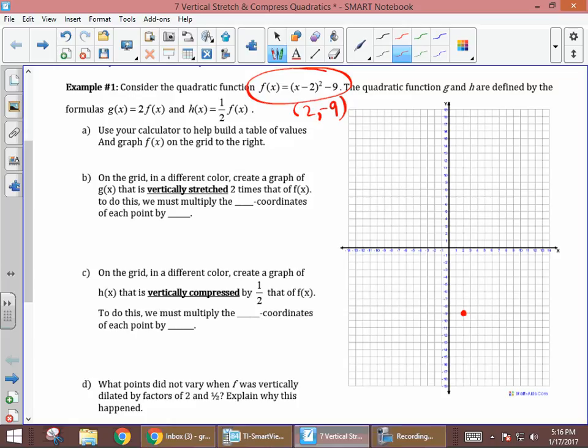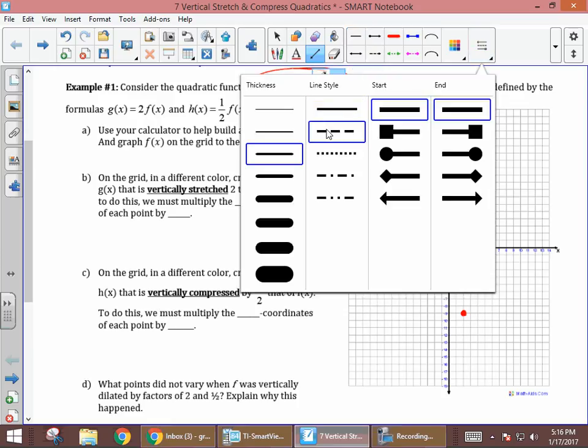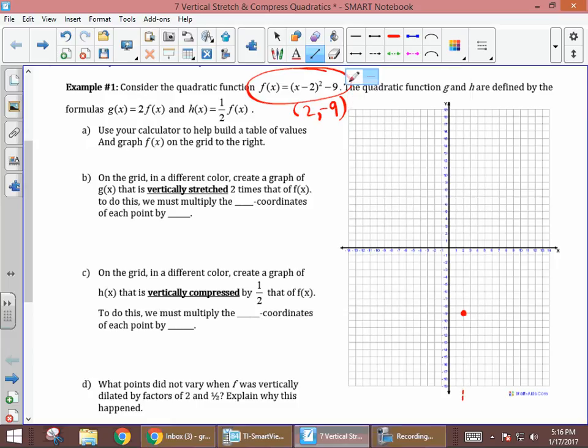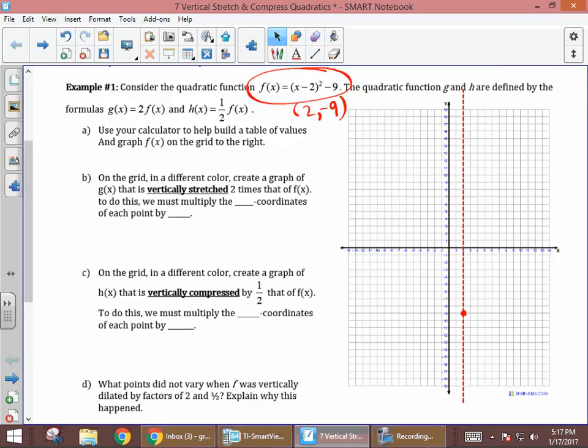So what we want to do now is draw. It really will help if we put in the axis of symmetry, the line that goes through there. There we go. So now we've got the vertex plotted.